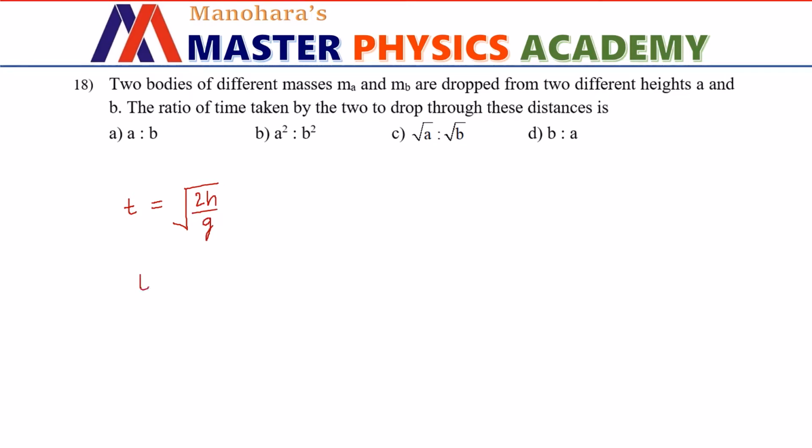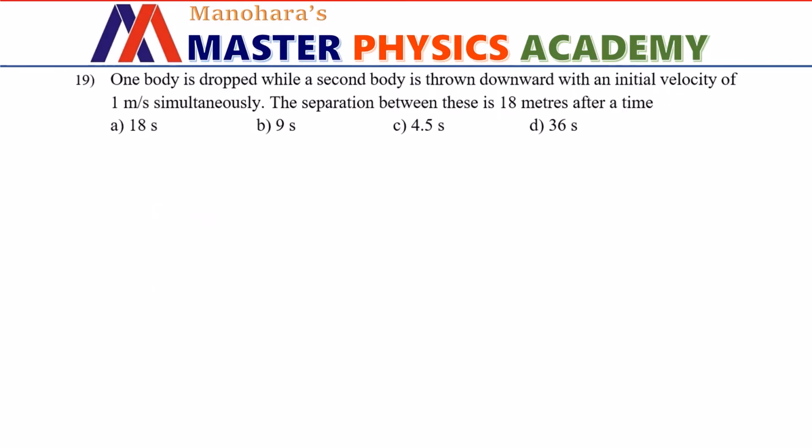So it is clear that the time taken by the body to reach the ground from height h during the free fall is directly proportional to root of the height. So here the height for the first case is a and for the second case is b. Hence the ratio of time is given by root of a is to root of b. Option C is the right choice.